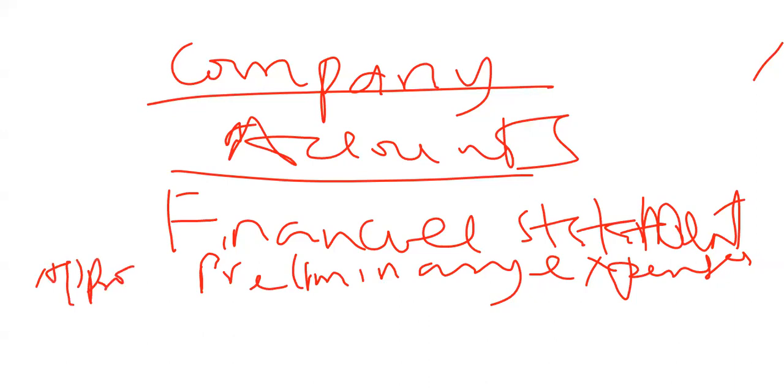It will not be in profit and loss. That is the only expense that will be debited to the profit and loss appropriation account. Any other expenses are normal expenses that should be debited to profit and loss account. Is it clear? Yes, it's clear.